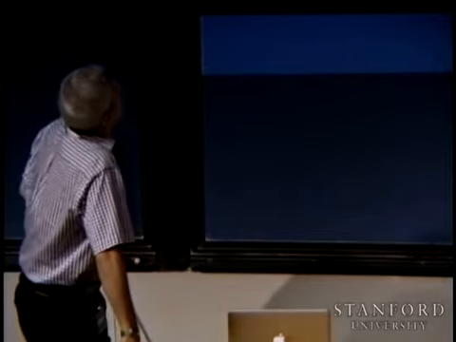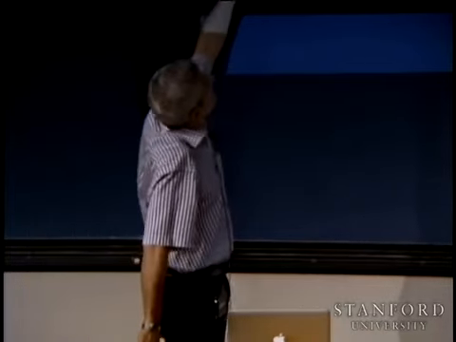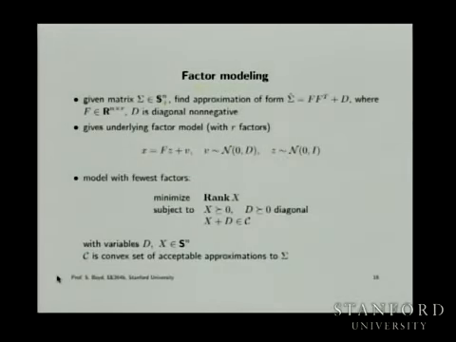Actually, it's a very interesting example. It goes like this. You're given a positive semi-definite matrix, and you want to put this in a factor model. Now, a factor model looks like this. It's a low-rank outer product part, plus a diagonal.